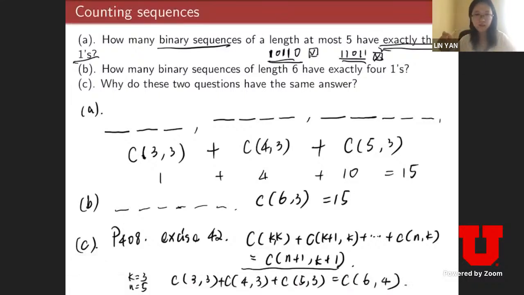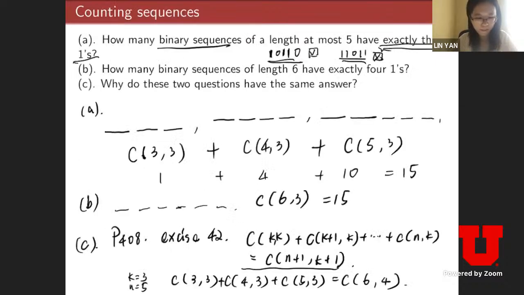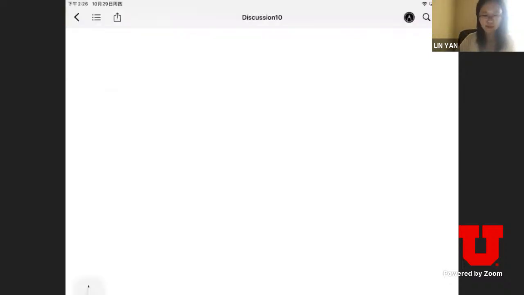Okay, then let's explain why problems A and B have the same result in a more intuitive way. Firstly, we can build Pascal's triangle. This triangle can also be found on page 403.